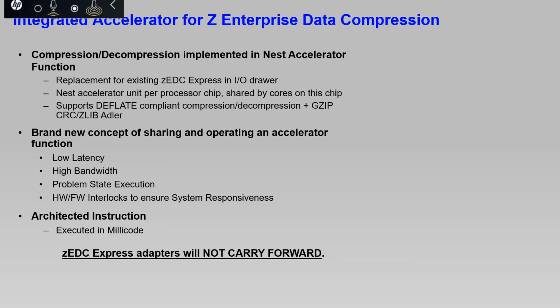It uses all the standard compression and decompression standards. The benefits to customers are it can improve the throughput of data over storage and communication networks. It allows more data to remain online. It can reduce the amount of data for encryption, and it typically improves some batch turnaround times.